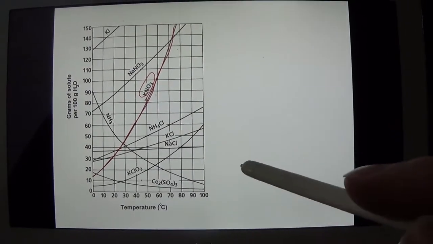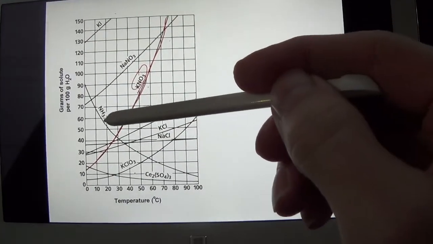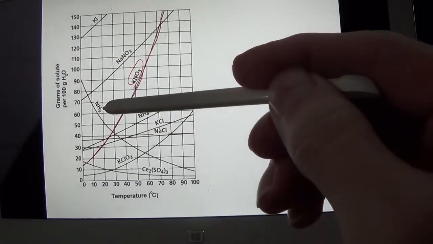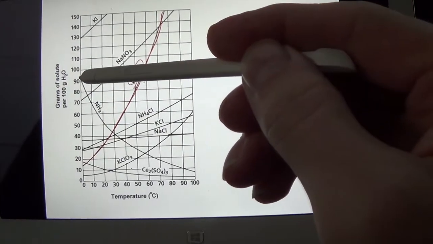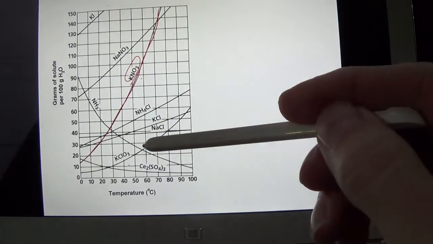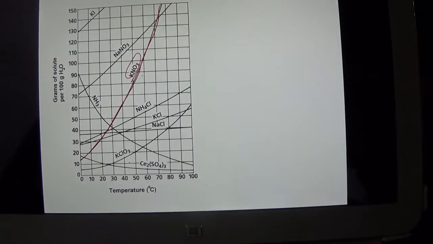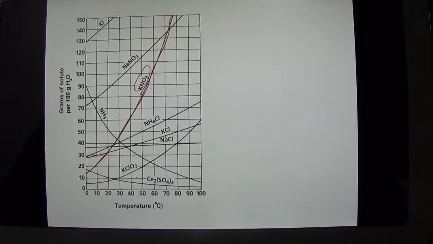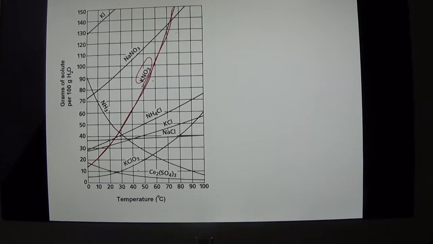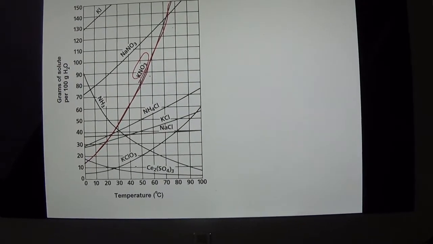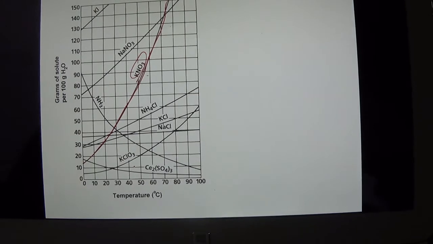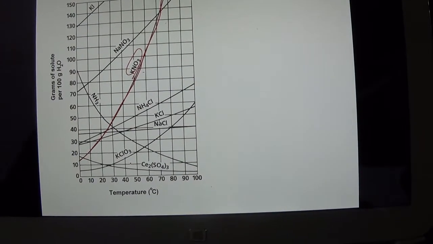All right. Then I also point out we have ammonia right here, which decreases, and ammonia is a gas. So it's not at all surprising that a gas would decrease as temperature goes up. As we determined in lab, you want to cool liquids to help them dissolve gases, not warm them up. Warming them up will allow the gas to escape easier.